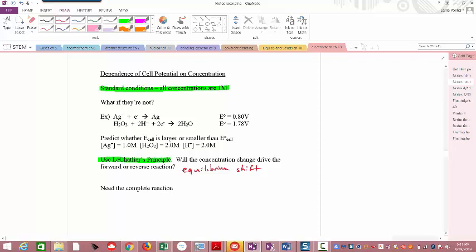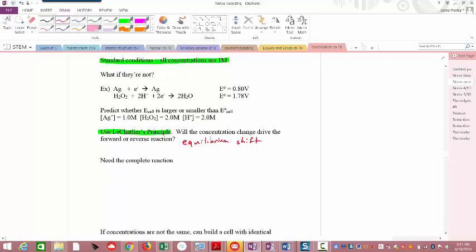So the first thing we need is the complete balanced reaction. So we have to look at these. This one will stay reduction. This one will become oxidation, so it will reverse. So we will have silver going to silver ion and an electron.